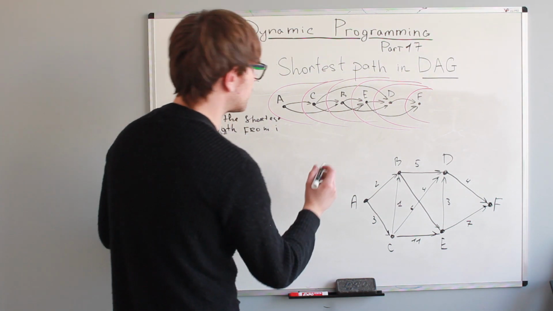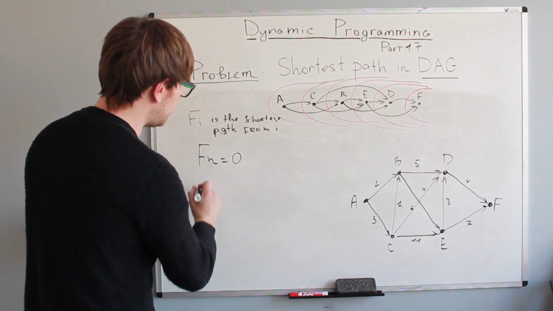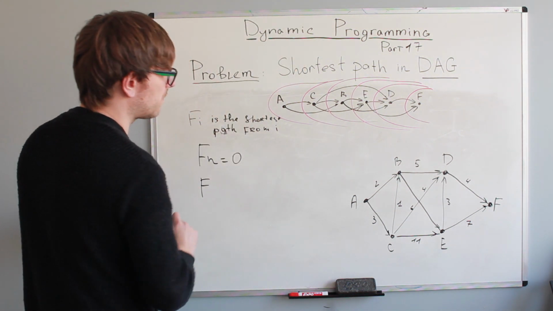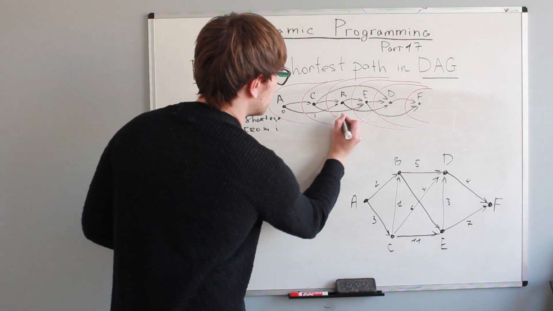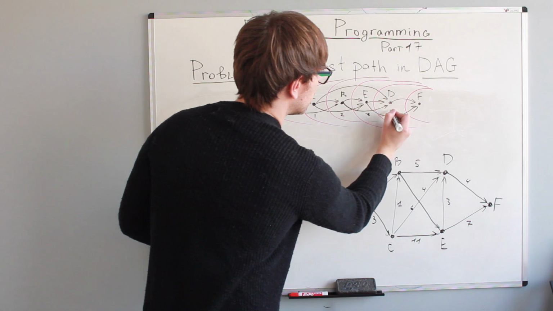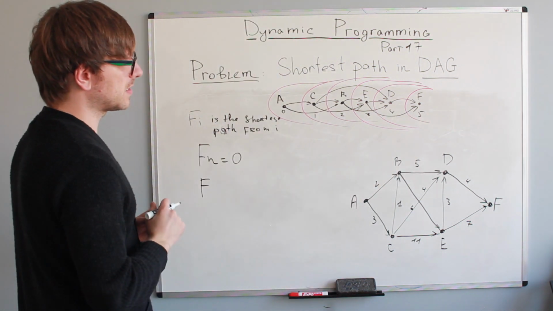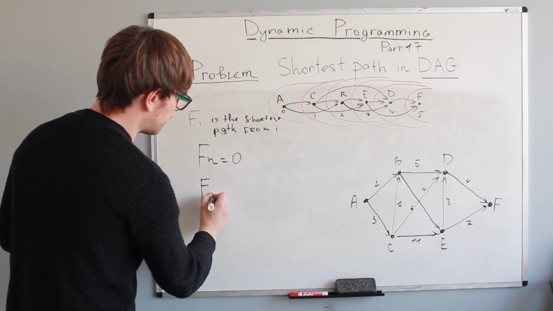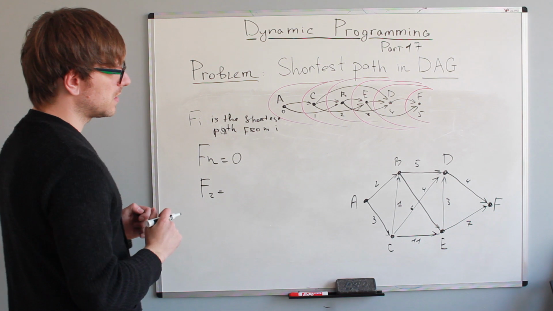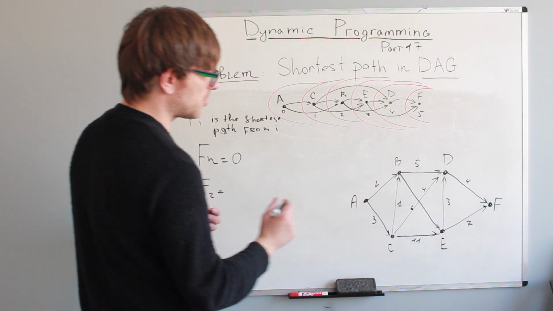Now, let's say we're standing here at B, right? So when we're standing at B, it's f of, well, we can say that this is 0, 1, 2, 3, 4, and 5, right? So we have 6 nodes. So B is the second node, f of 2 equals. So what we can do here, we can go from B, we have 2 options.